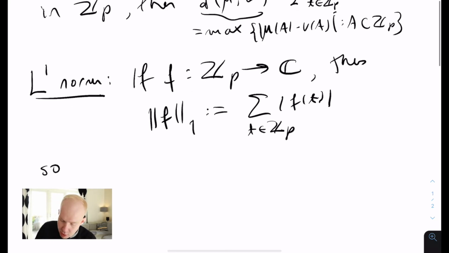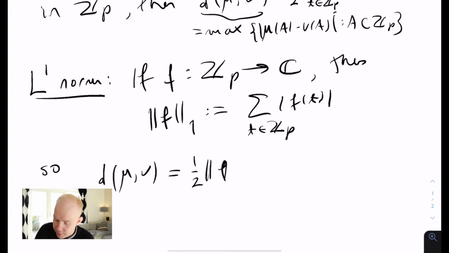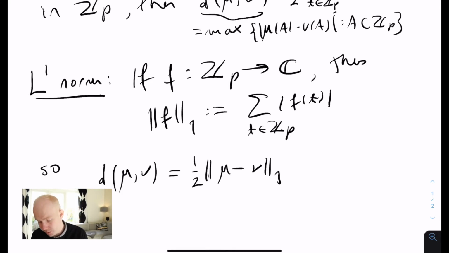So now we can say that d(mu, nu) is equal to a half of the L1 norm of the difference of these two functions, which are the probability distributions.